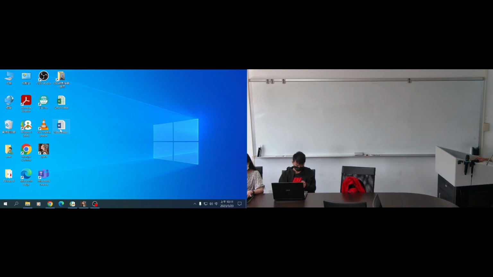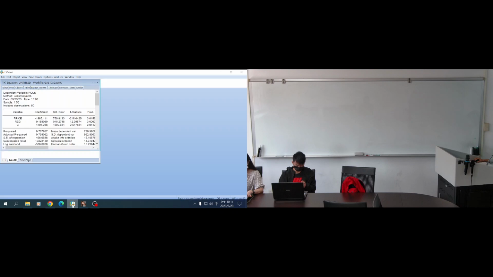Now, I already have this model with y variable as PCOM and two x variables, price and REG. So this is the petroleum consumption. I think we did this one last week.